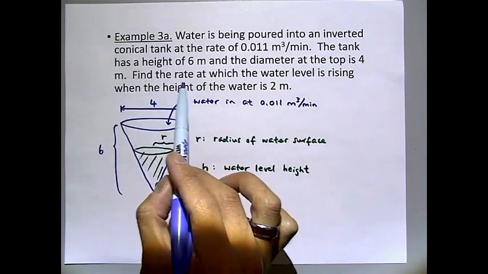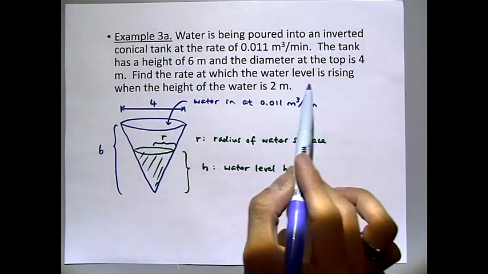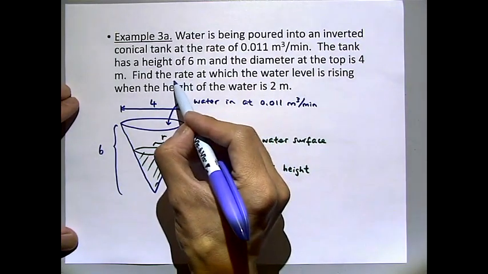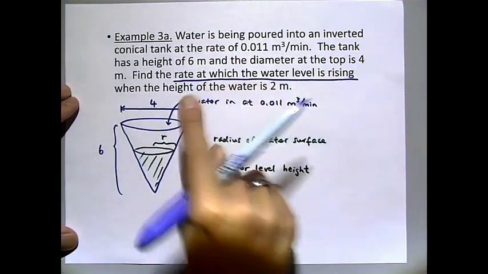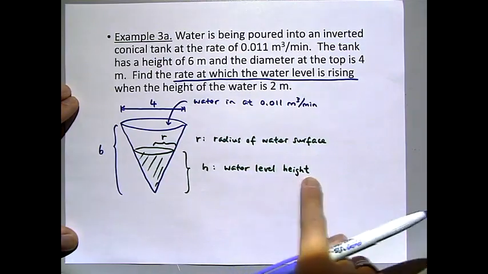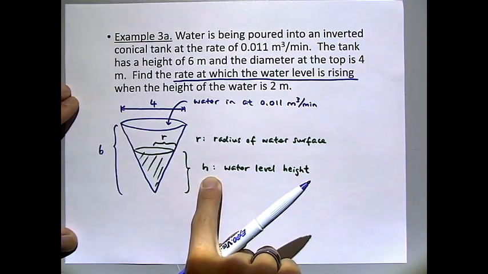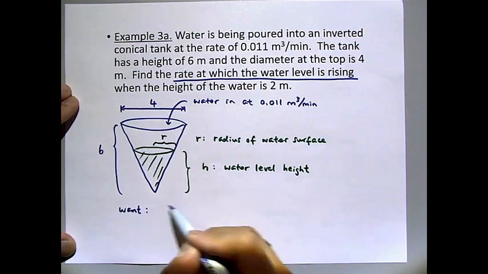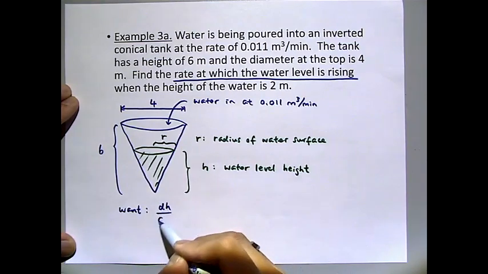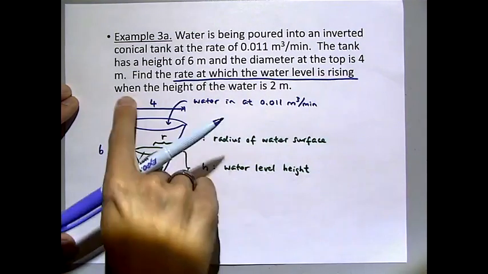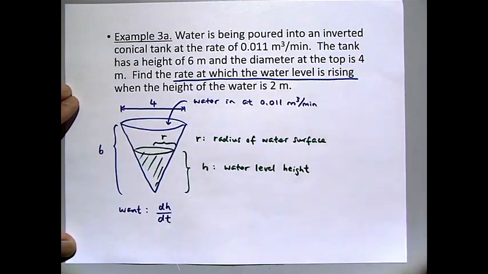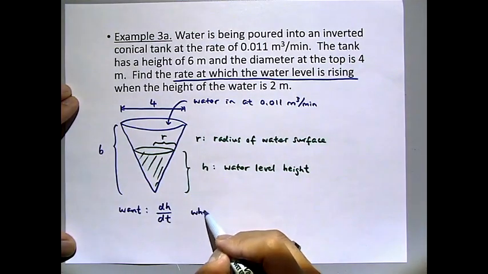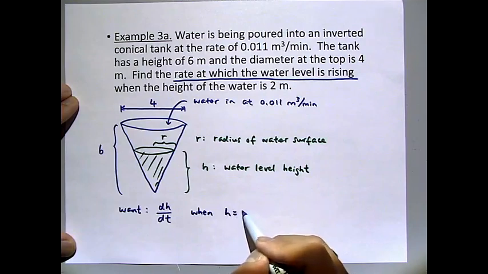Find the rate at which the water level is rising, the rate of change of H, at the particular instant when the water level is 2, when H is equal to 2.